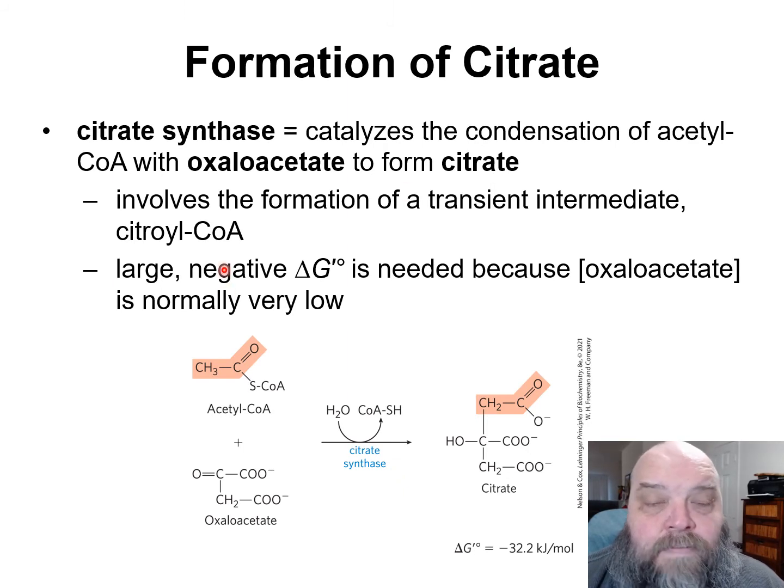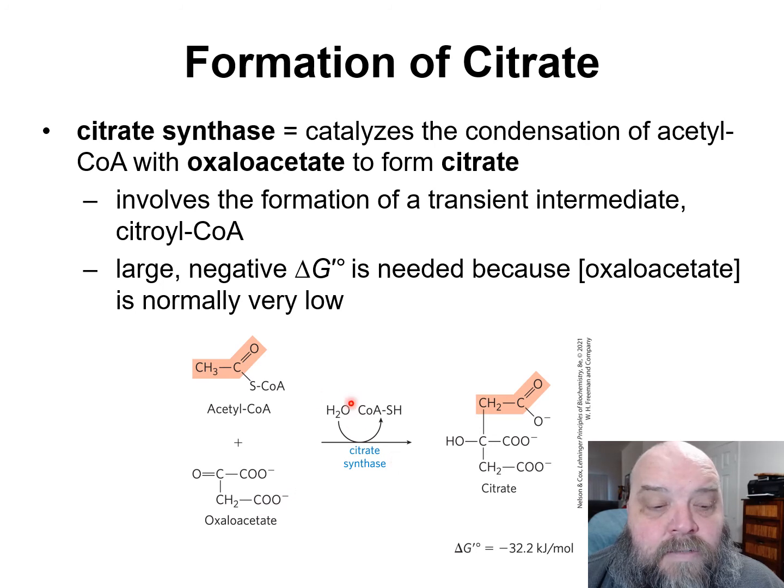So first thing off the bat, citrate synthase is going to take the incoming acetyl-CoA. Here are our carbons from the acetyl group, carbon 1, 2. And here's oxaloacetate, 1, 2, 3, 4 carbons.